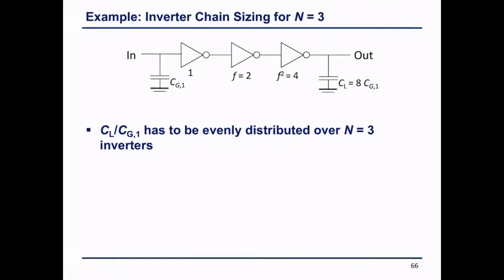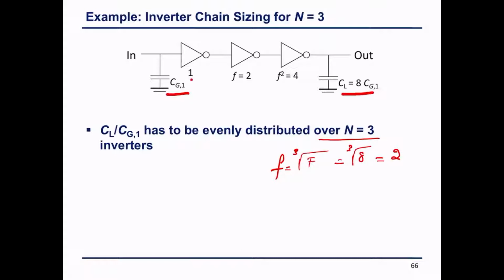If I know that C load over CG1 is equal to 8, and I want to evenly distribute this load over a chain of 3 inverters, this means that f is the nth root of big F, which is the cubic root of 8, which means f is equal to 2.